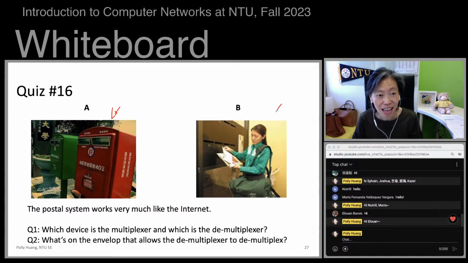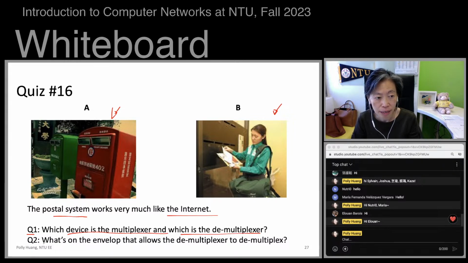On the right, you see a mail lady sorting the letters and trying to find which incoming mailboxes the envelopes should go to. One would argue the postal system here in Taiwan is very much like the internet. There is a multiplexer as well as a demultiplexer. So Q1 asks, which device between the two is the multiplexer and which one is the demultiplexer?